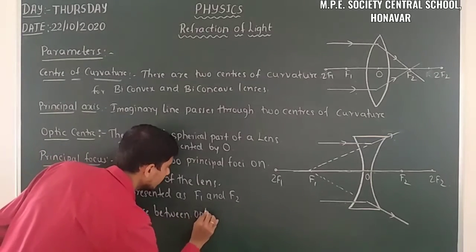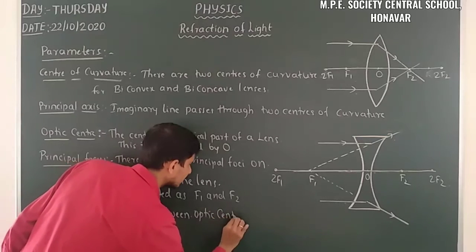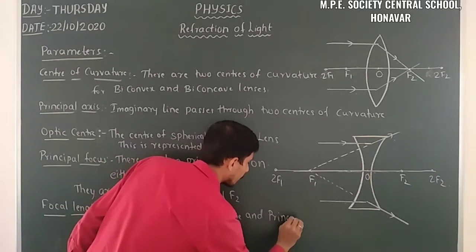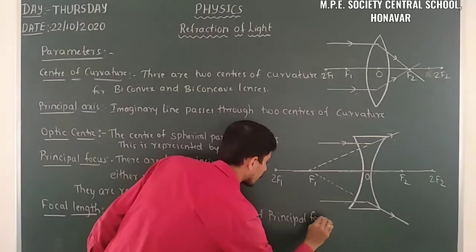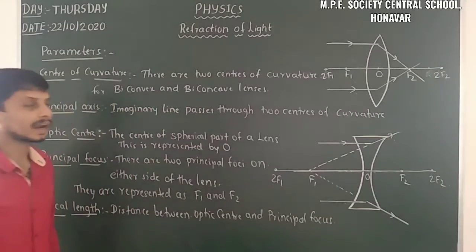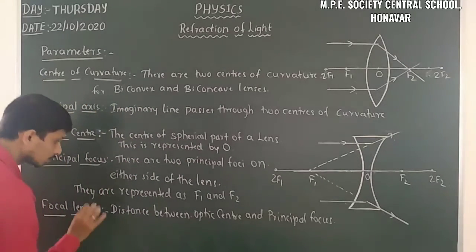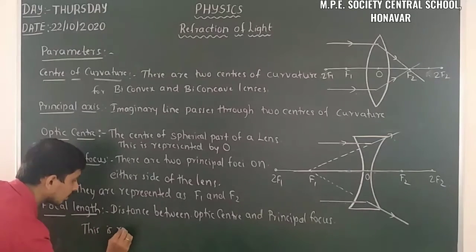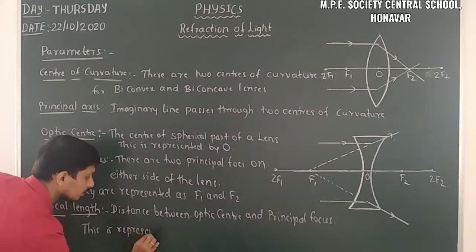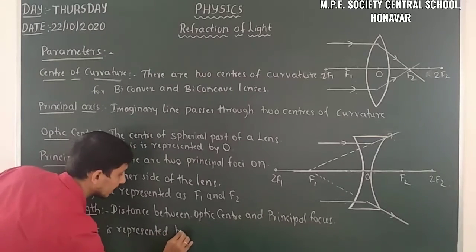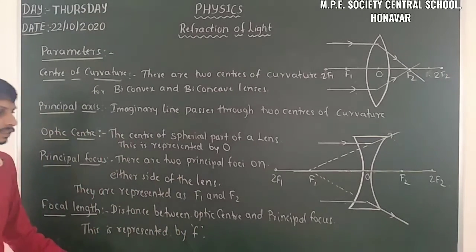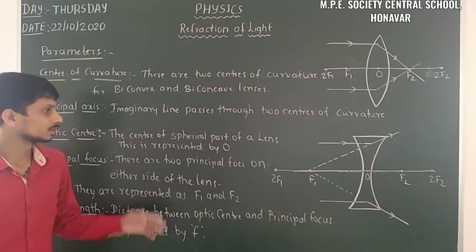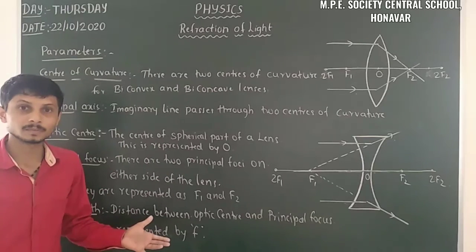This is represented by the letter F. We know that. So these are some of the parameters of convex and concave lenses that we use when we draw ray diagrams.